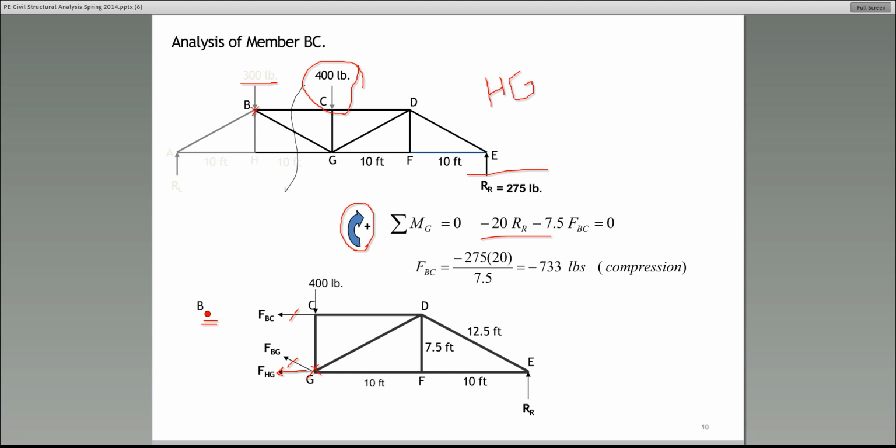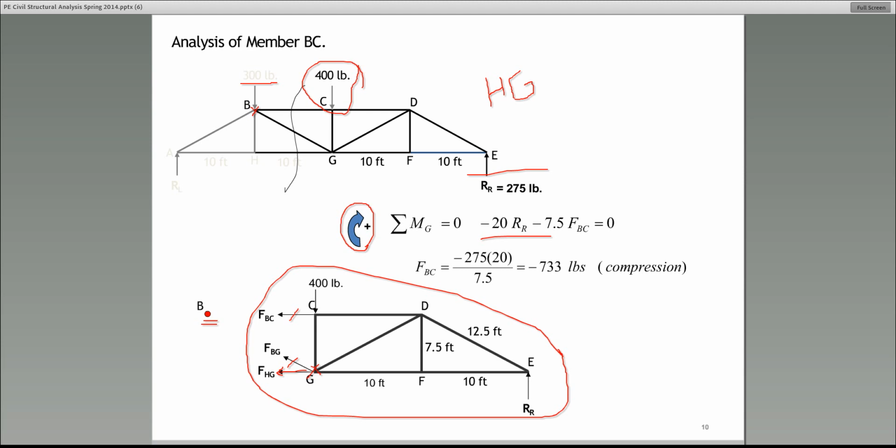Now the question may arise: can we write the moment about the point B, because B is not part of this free body diagram? Well, B is not part of this free body diagram, but for this portion of the truss that we are using as the free body diagram to be in equilibrium and stable, the moment about any point on the plane of the screen would have to be equal to 0.